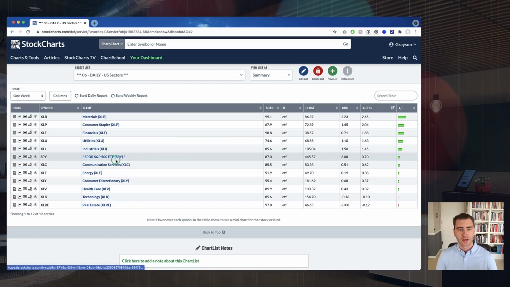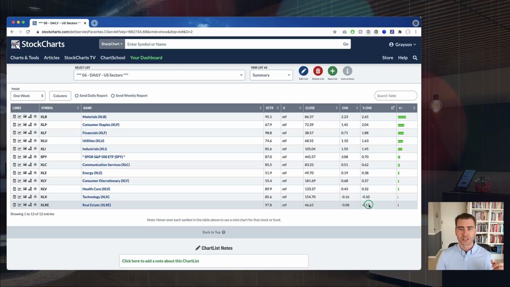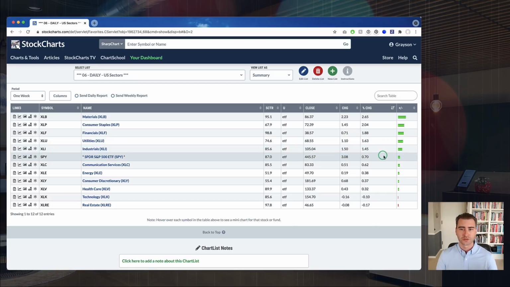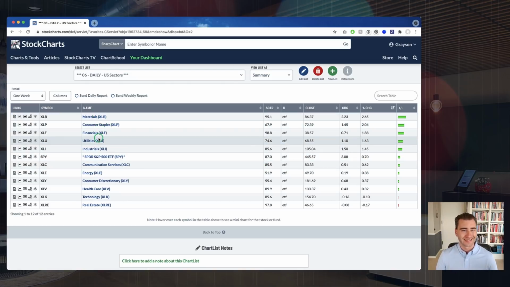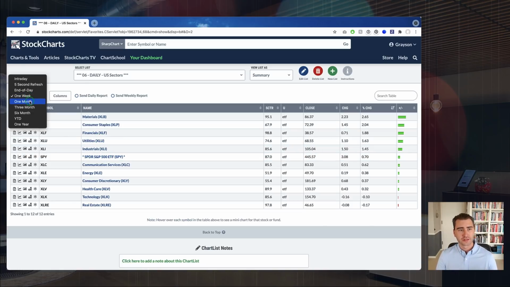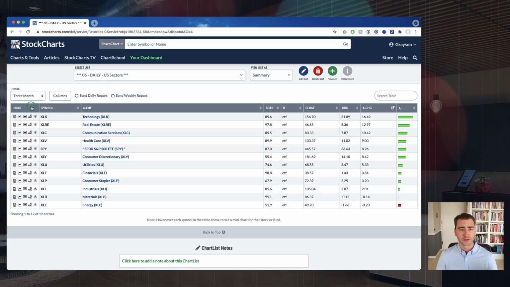And again, because we've got that S&P 500 ETF in here, we can see over the last 1 week what the sectors have done, but we can also compare that to what the performance of the S&P 500 itself has been. So in this case, over the last 1 week, we've got materials, staples, financials, utilities, and industrials leading the S&P 500. We can switch this out to be things like 1 month or even 3 months. So if we do that 3-month view, we can see that the leaders have actually been technology, real estate, communication services, and healthcare.